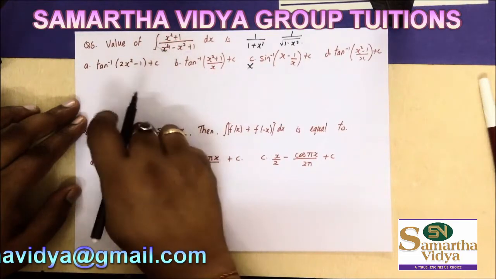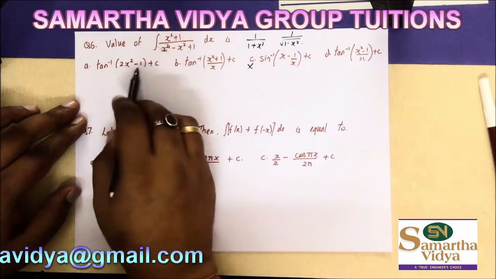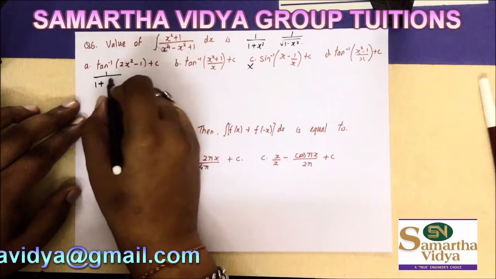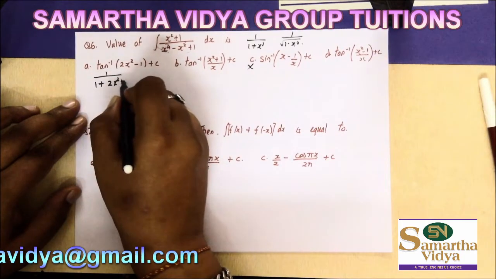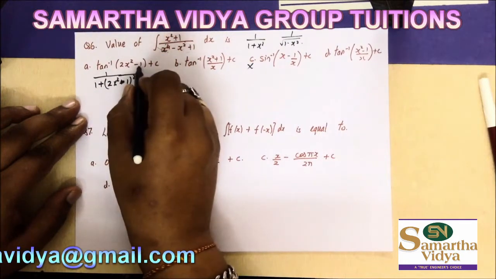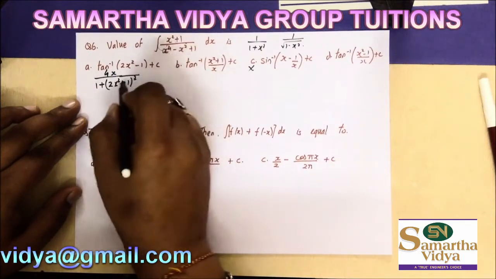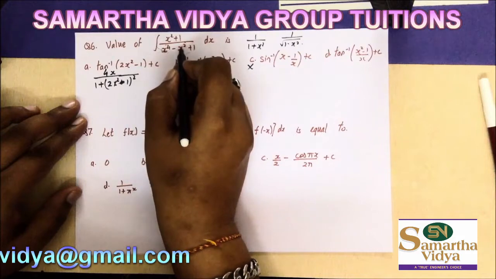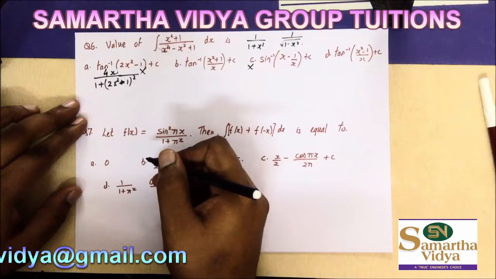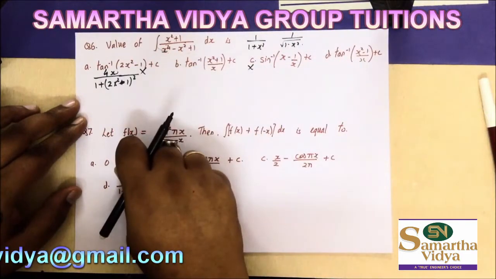Going ahead, if I check any of the other options, if I take the derivative of this, it's going to be 1 upon 1 plus 2x square minus 1 the whole square, and I need to find the derivative of this also. So this becomes 4x. You can see the denominator might be this, but the numerator is obviously not that. So obviously A is also not the option. So it can be either B or D.